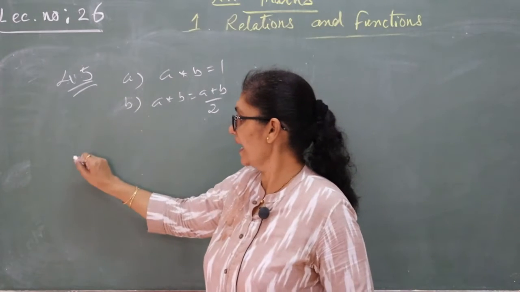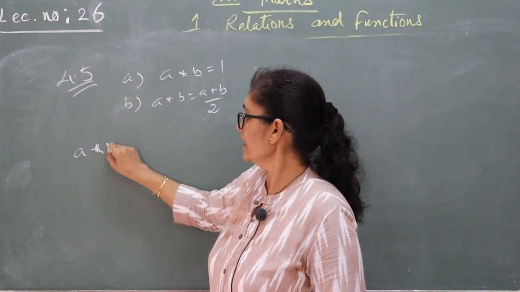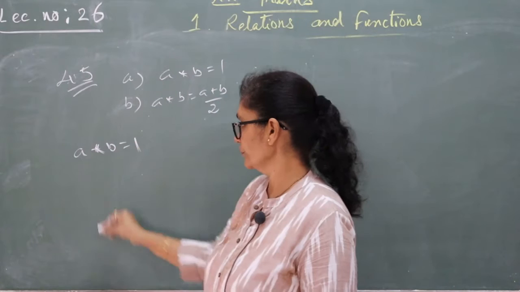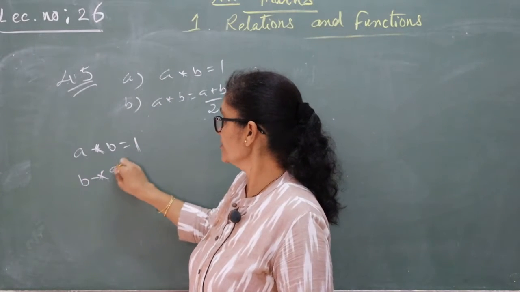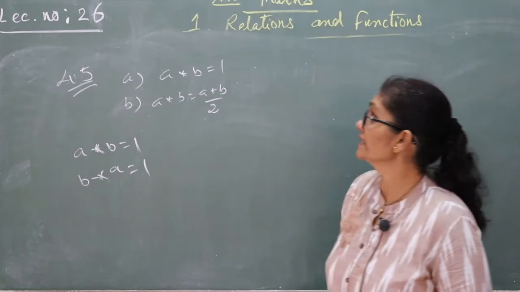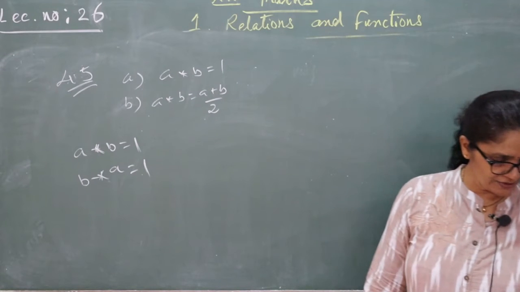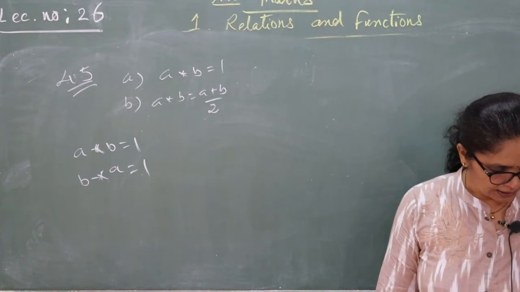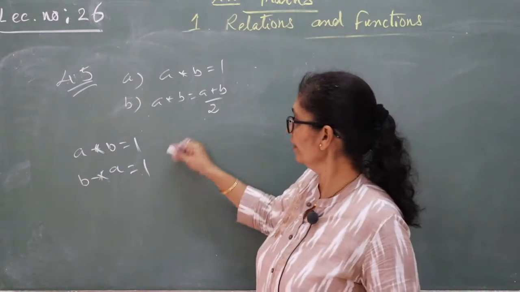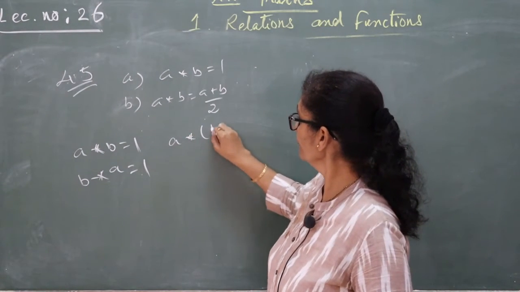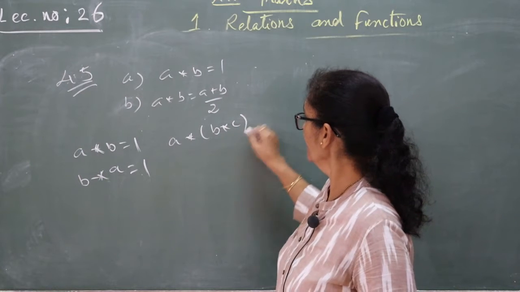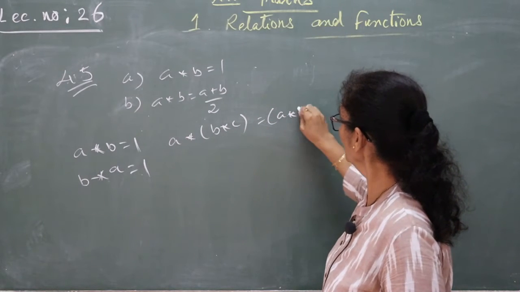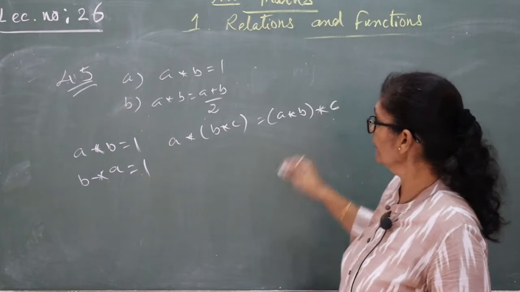First we start with A asterisk B equal to 1. What is B asterisk A? Also 1. So if A asterisk B and B asterisk A are both the same, then you can say it is commutative. Now for associative, what can you check? (A asterisk B) asterisk C equal to A asterisk (B asterisk C).